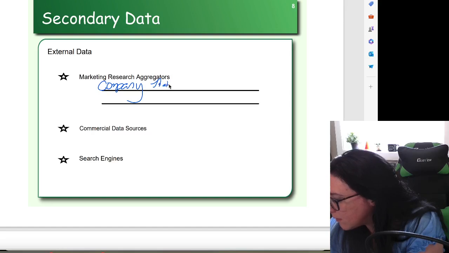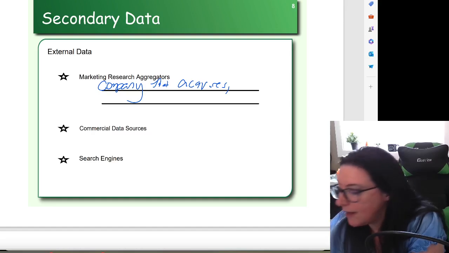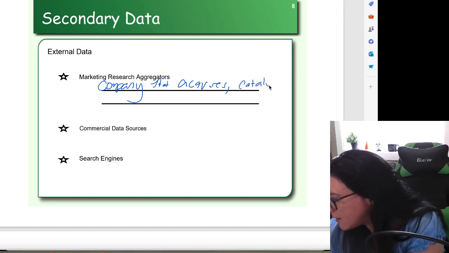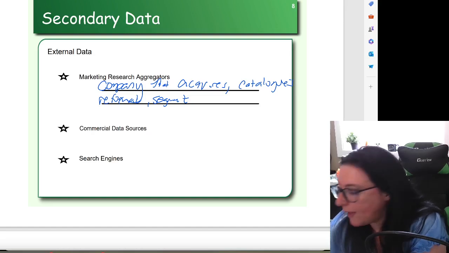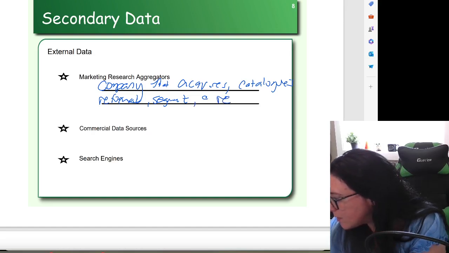that acquires, catalogs. So they collect, they itemize the list, they can reformat, they can segment, and they can resell reports.